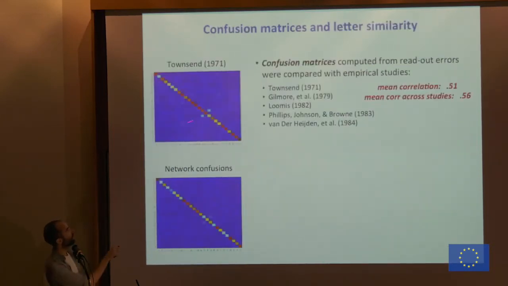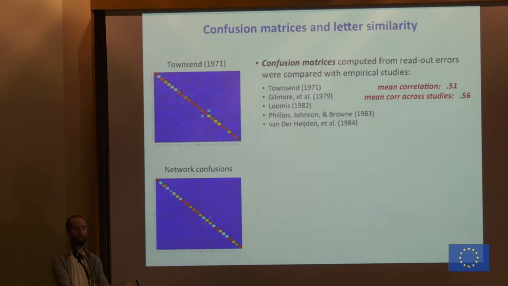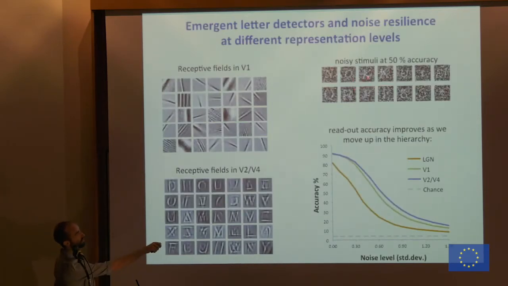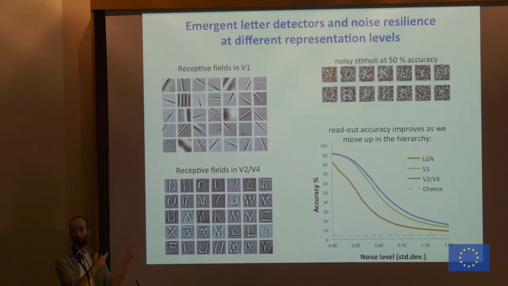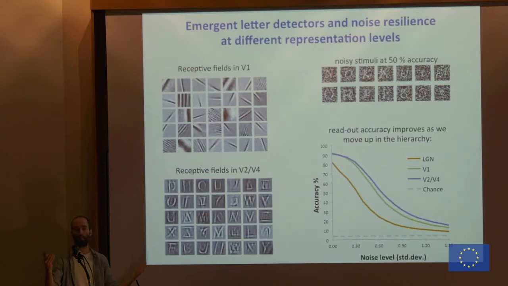We were able, for example, to simulate the same type of confusion errors produced by humans. So when you ask in a psychology lab to discriminate between two letters, maybe under noisy conditions like this, you will likely confuse, for example, the O with the Q because they share many features, while the O is very different from the I or from the T, so you can easily discriminate them.